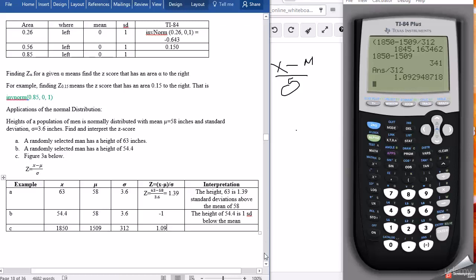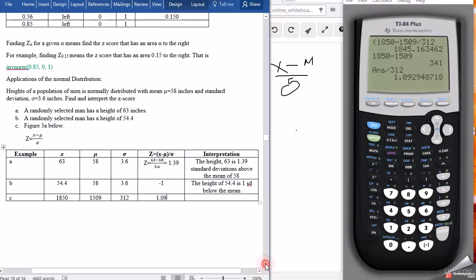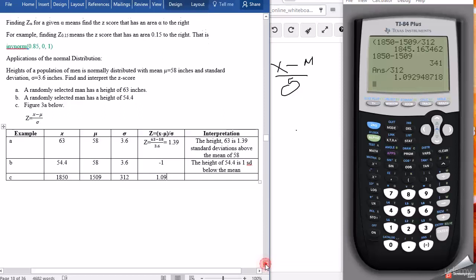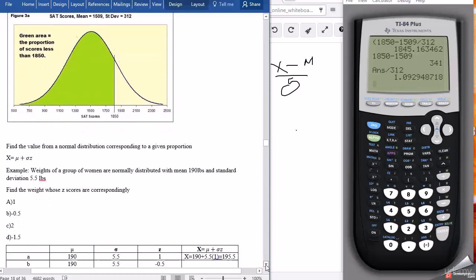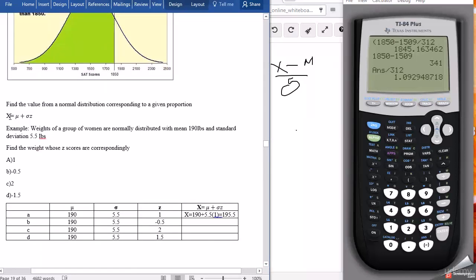Okay, all right, let's look at our last thing for this lecture, and that is going to be how to find the raw score if we know the mean, the standard deviation, and the z-score. So this is a simple example. There is a mean of 190 pounds and standard deviation of 5.5.